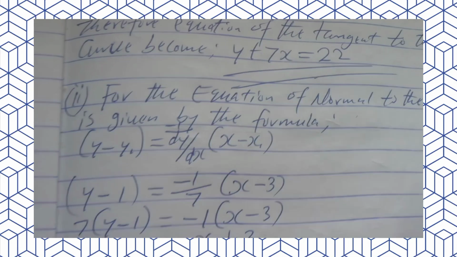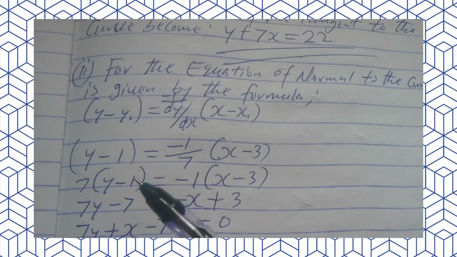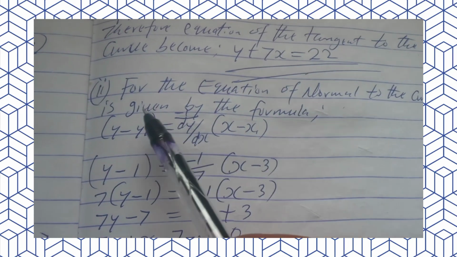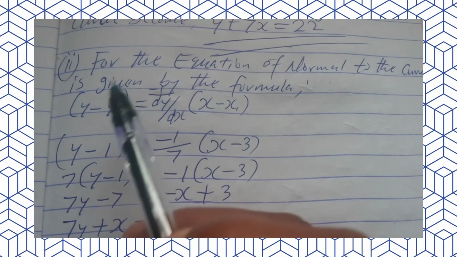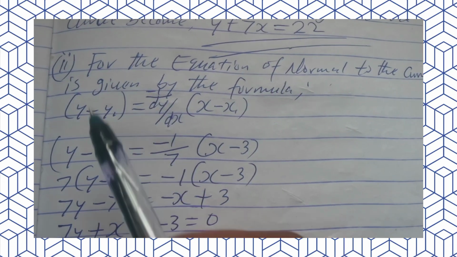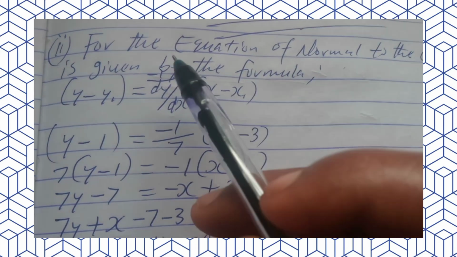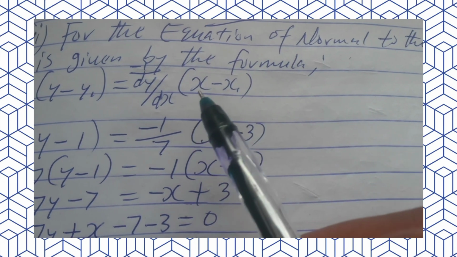Now let's look at how to find the equation of the normal to the curve, because the equation is in two forms. We should find the equation of the tangent and the equation of the normal. The equation of the normal is given by the formula y minus y1 equals minus 1 all over dy over dx times x minus x1.